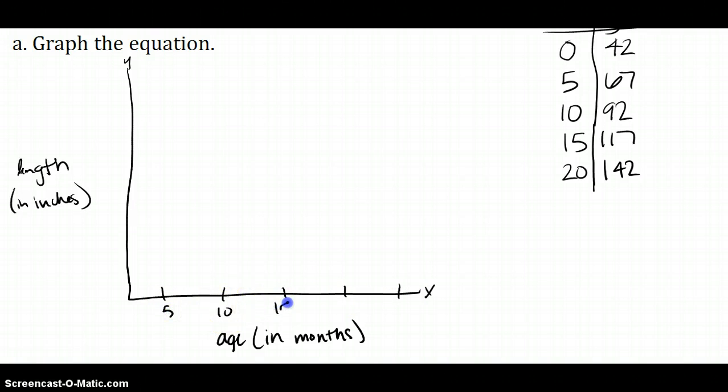Five, 10, 15, 20. And for my y's, I'm going to start at 40 and go by 15s. So I have a little break in my graph right here.